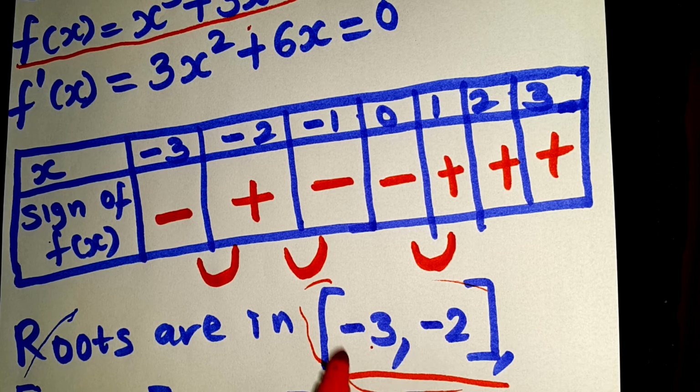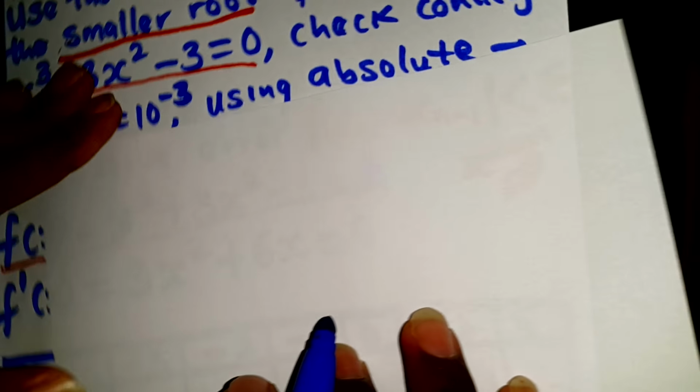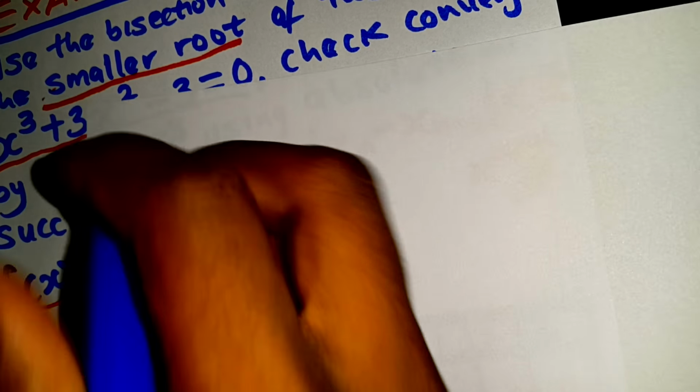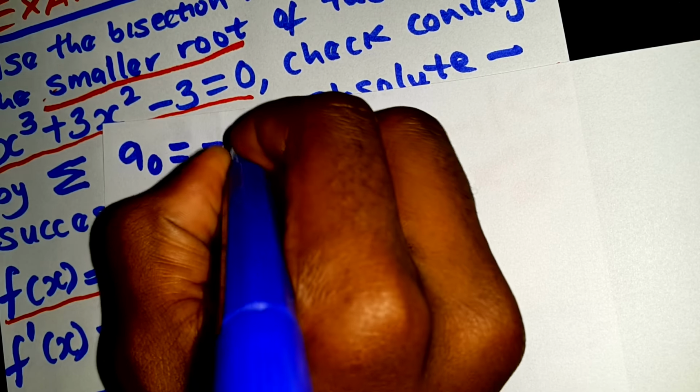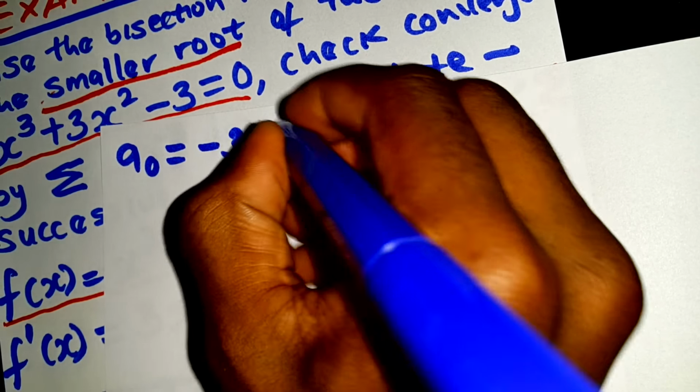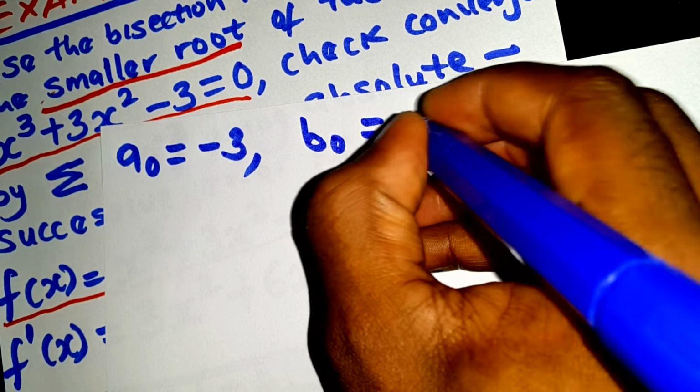So we choose this interval as our starting point. So let's proceed. Our interval will now be minus 3 and minus 2. So we call that A0 will be minus 3 and B0 will be minus 2.